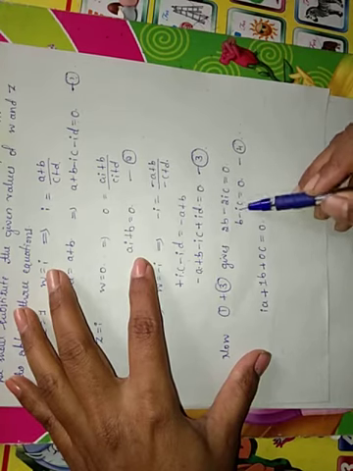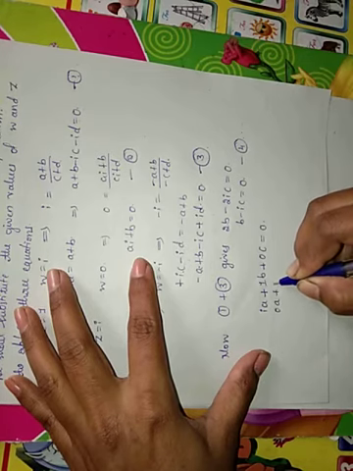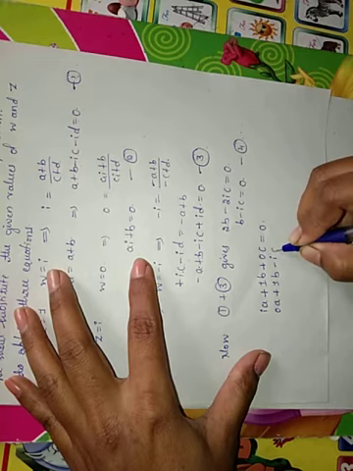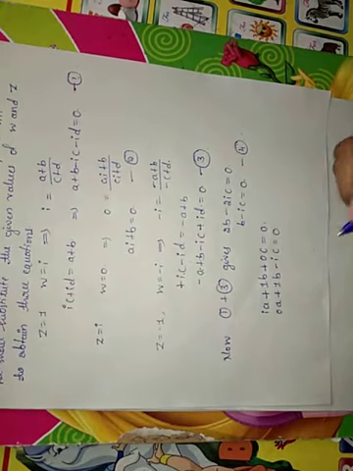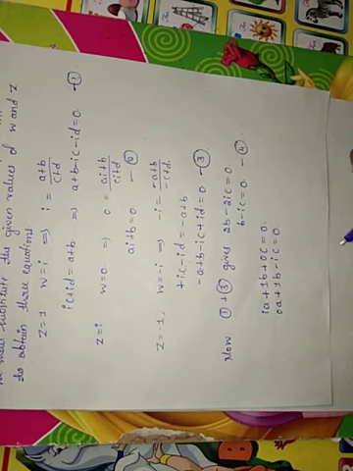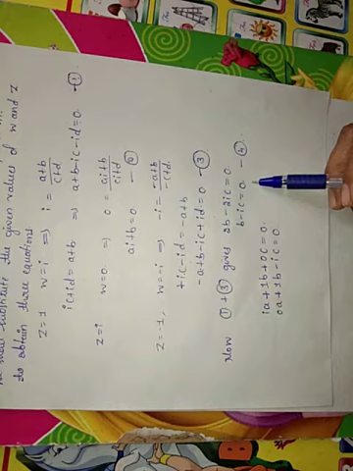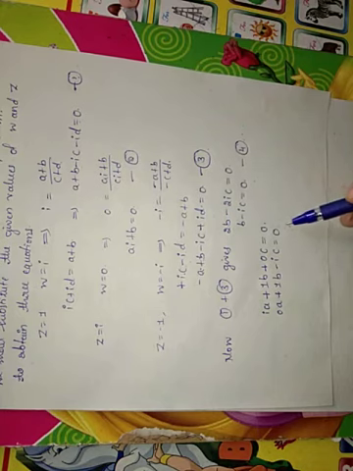Similarly, 0 into A plus 1 into B minus i into C is equal to 0. These are nothing but equations 2 and 4.